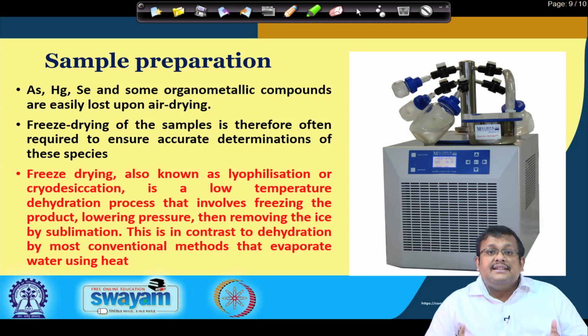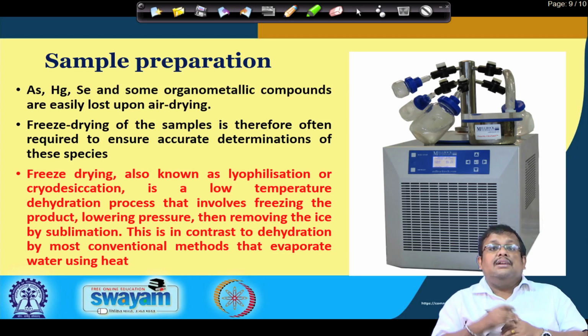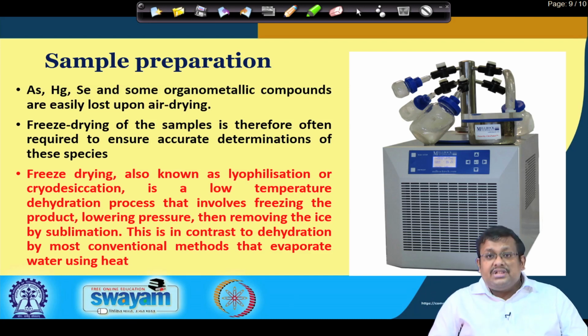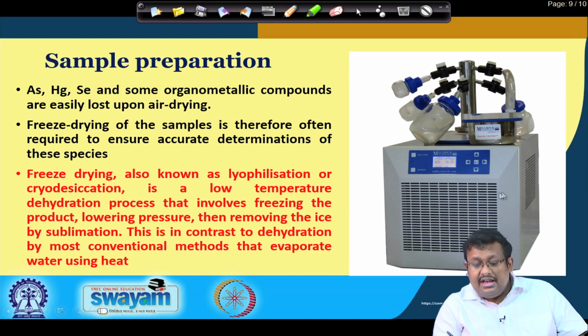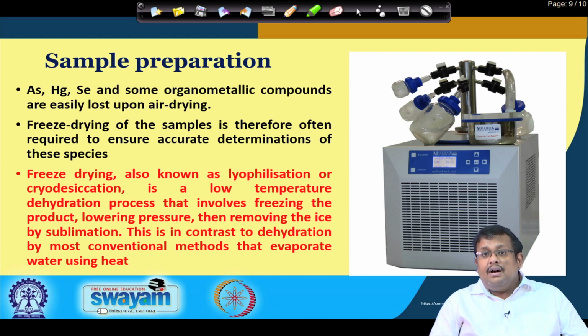This is in contrast to dehydration by most conventional methods that evaporate water using heat. So, here we remove the moisture as ice by the sublimation process, and this is an example of a freeze dryer which is used to freeze dry different materials.